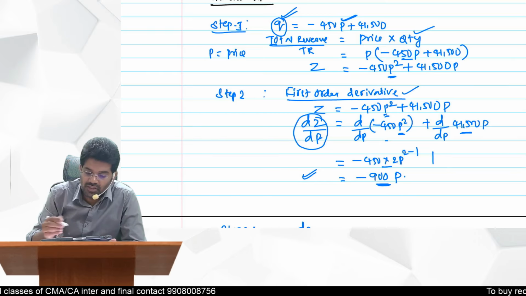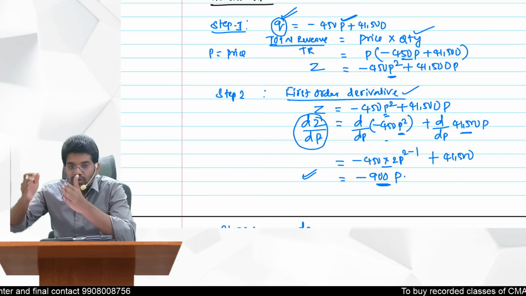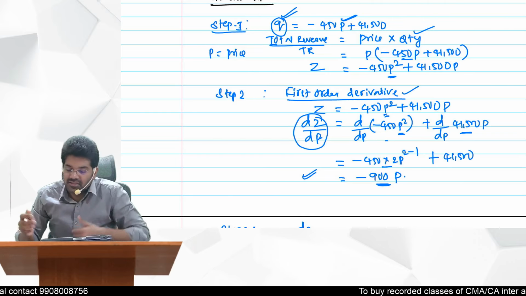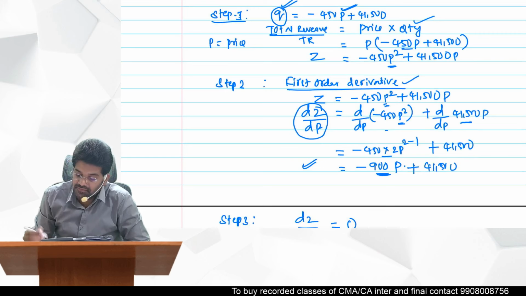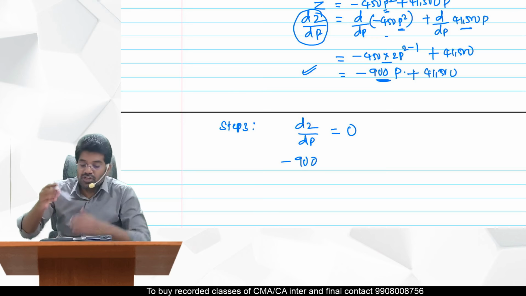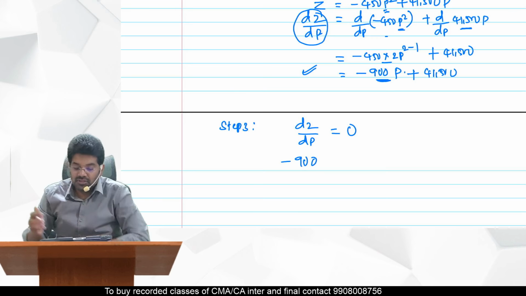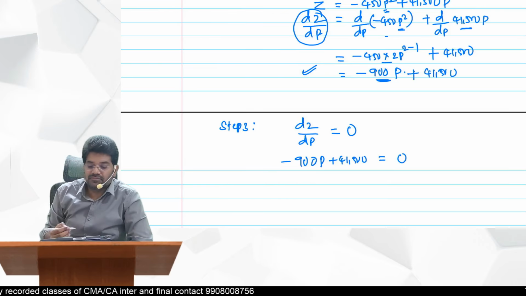So 41,500 into d by dP of P is 1. So minus 900P plus this one is 41,500. Okay, I missed that. Now you should equate this with what? 0. So minus 900P plus 41,500 is equal to 0.